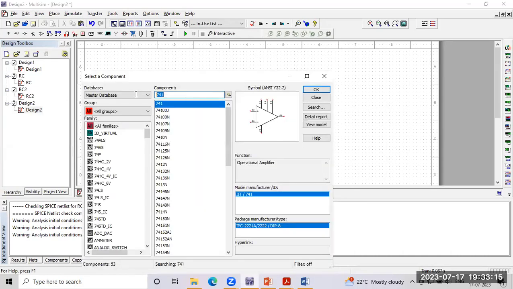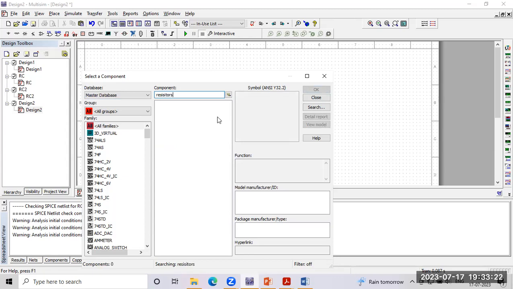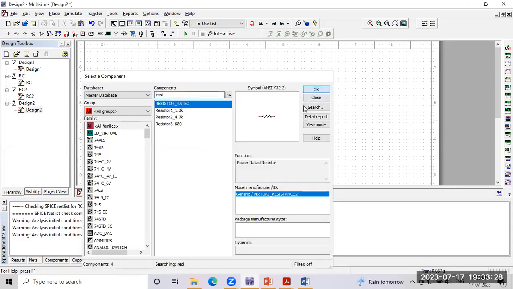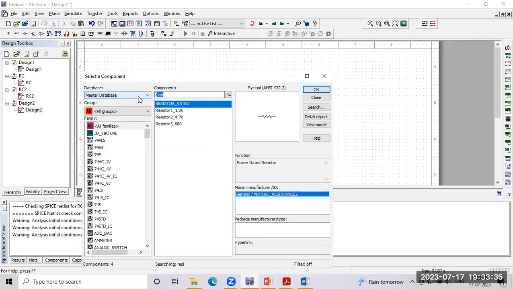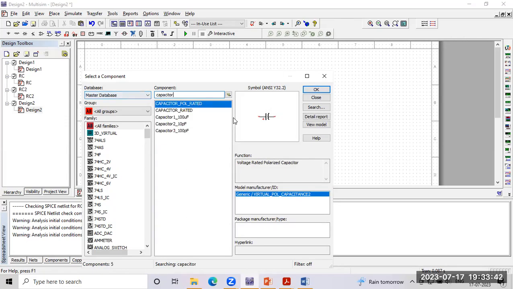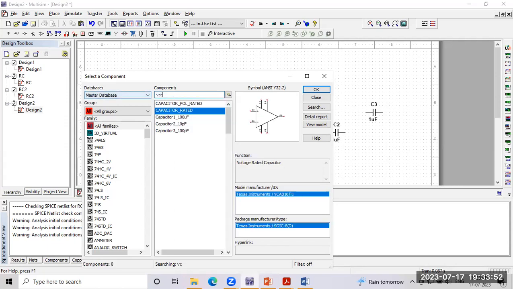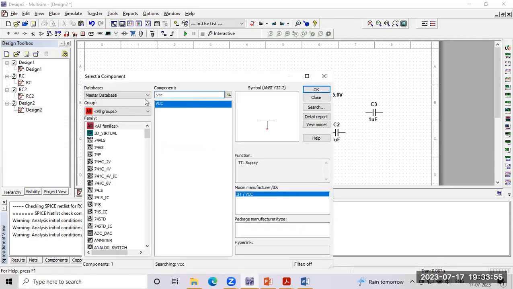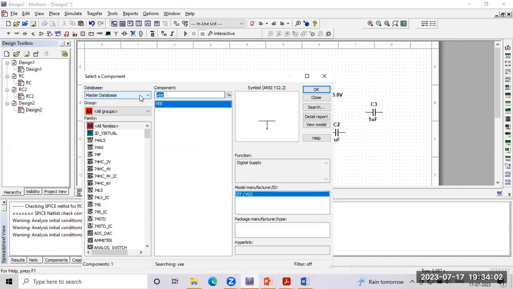Then resistors: four resistors, RF and triple R. Next, capacitors, three capacitors. Now VCC, VEE, and then ground.